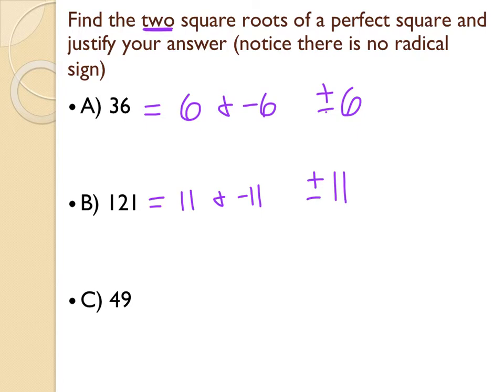Then we have 49, and I know that 7 and negative 7 will equal 49. So I do 7 times 7 equals 49, and negative 7 times negative 7 equals 49. And I can also write it like this. Please stop the video at any time that you need more time to write stuff down.